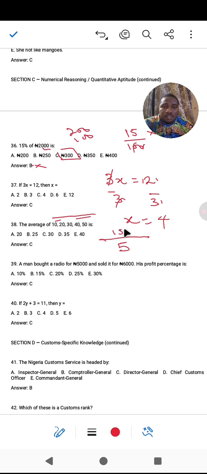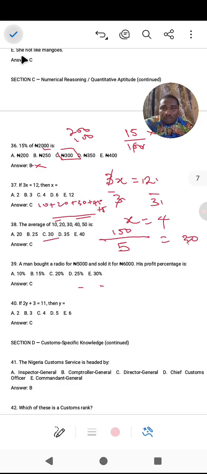So you have 150 divided by 5, which is 30. You see, that is why you get C. So average simply means combine the items, add them together: 10 plus 20 plus 30 plus 40 plus 50. You add them together, divide by the total number, then you get what you're looking for.